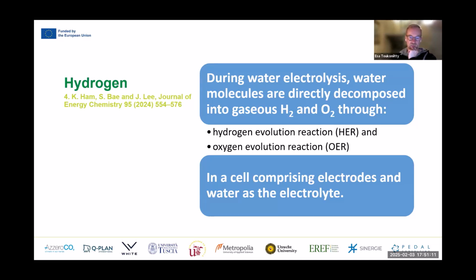And there are two in the electrochemical cell. There's always two electrodes, the anode and the cathode, and different reactions take place in anode and cathode. And if you combine those reactions, then you get the so-called overall reaction from that electrochemical cell.